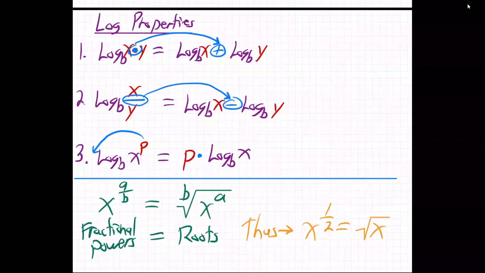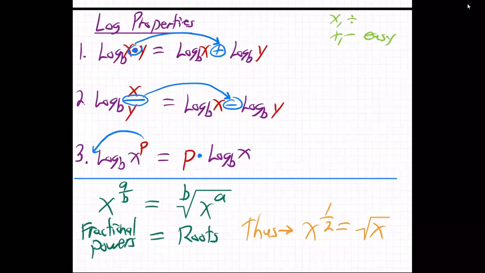So here they are. Here are the three log properties that we're going to use in this section. The way these work, this is one log and this is two. Multiplying becomes adding, and dividing becomes subtraction. Adding and subtracting are easy operations. You learned them when you were just a wee child.